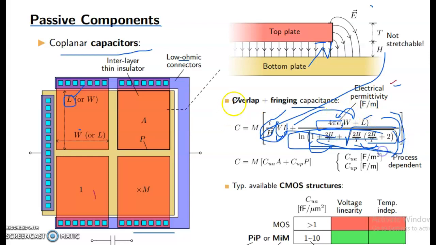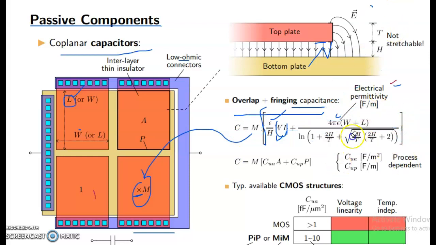Then the total value multiply with this M. Then only we find the overlap fringing capacitance.